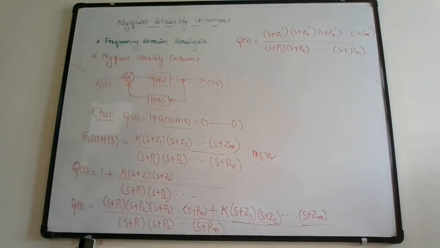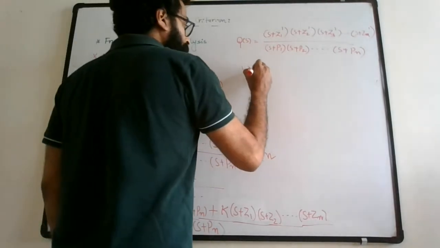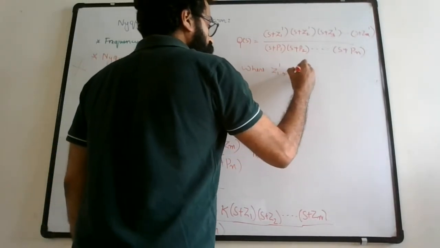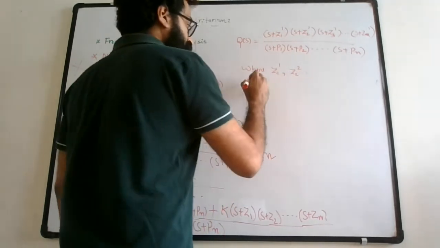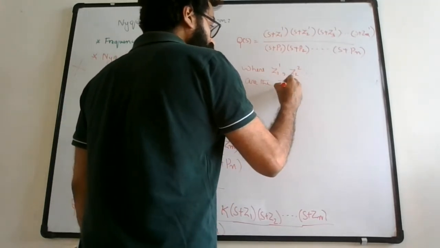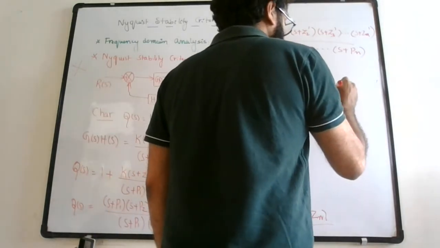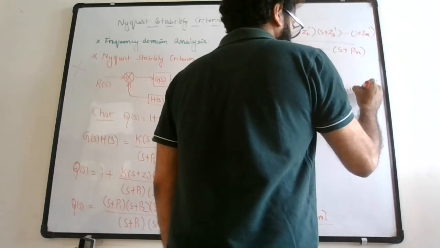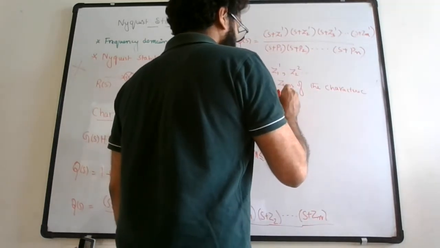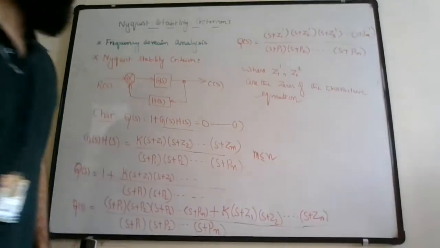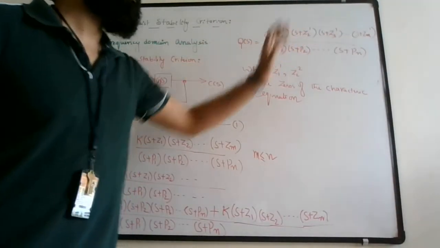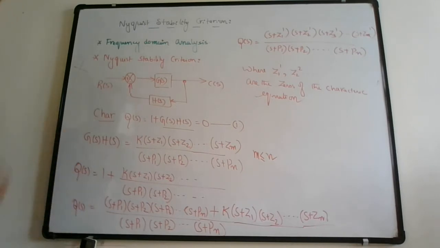So what we have done is we have just written Q of s in the standard form, where z1 dash, z2 dash, z3 dash are nothing but zeros of the characteristic equation.